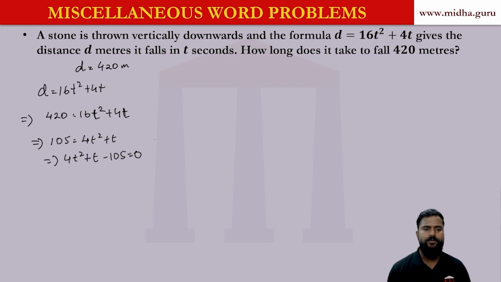So now we have 4 into minus 105, that is minus 420. So we have to find two numbers that add up to 1, because here the coefficient of t is 1, and multiply to form minus 420. So we'll just prime factorize 420 once.